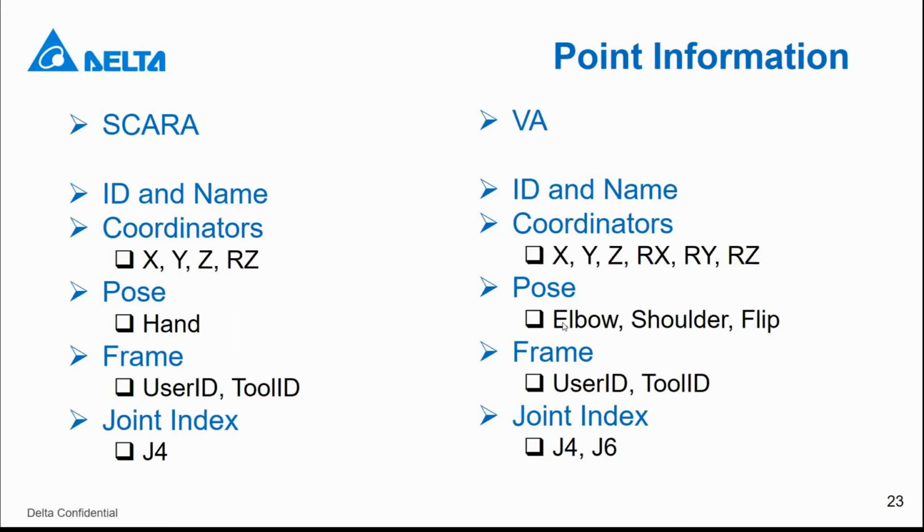We also need to record this status. And we also have the frame, the same, which I will introduce later. And the joint index is also the same, just for the VA robots. Joint 6 can also rotate unlimited turns. So in the VA robot, we record the joint indexes of joint 6 and joint 4.